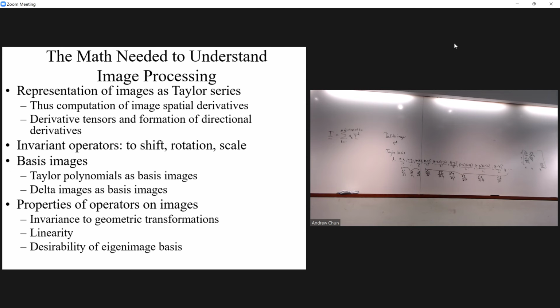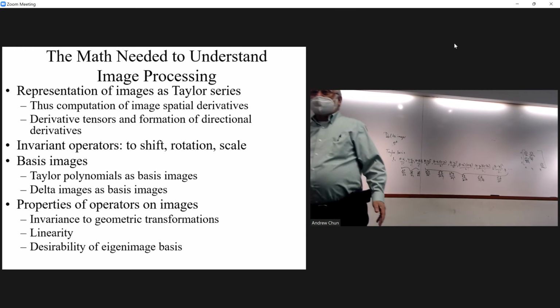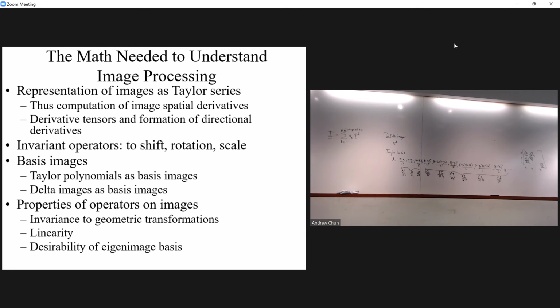Other questions? Please realize that although I've written this as one basis image, it's really two of them with the same formula. There's the x minus x0, y minus y0 basis polynomial, and there's the y minus y0, x minus x0 polynomial.